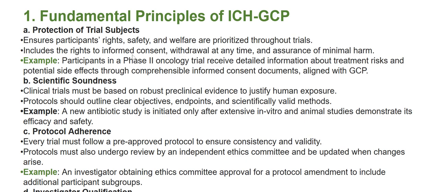The free will of deciding whether to consent to participate or not, and even if they decided to participate and then change their mind and withdraw, they are allowed to. As an example of protection of trial subjects, participants in a phase 2 oncology trial receive detailed information about treatment risks and potential side effects through comprehensible informed consent documents aligned with good clinical practice, GCP.